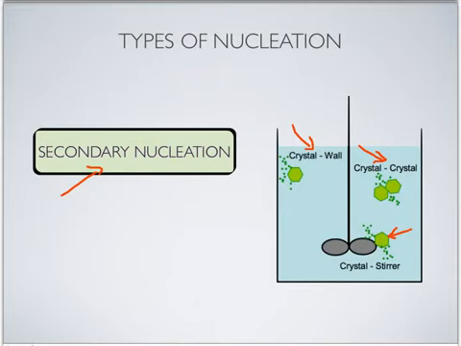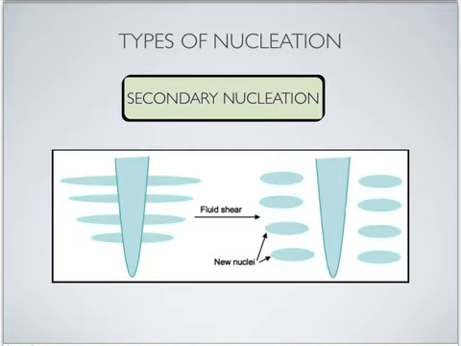This kind of secondary nucleation mechanism is known as contact secondary nucleation. There is another way new nuclei can form.